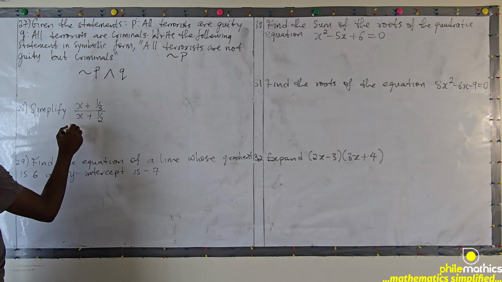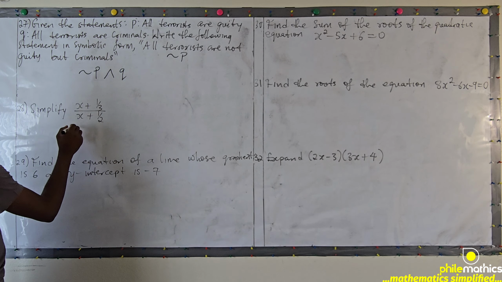And so if I multiply across, 6 times x is 6x, 6 times 1/3 is 2, 6 times x is 6x, 6 times 1/2 is 3. So that is a much simpler form of this.